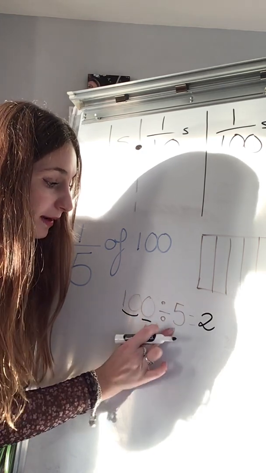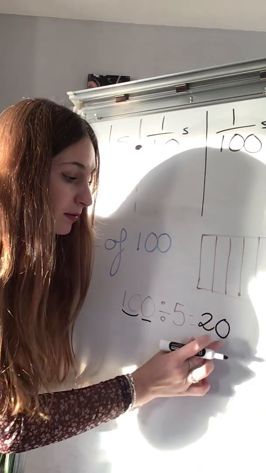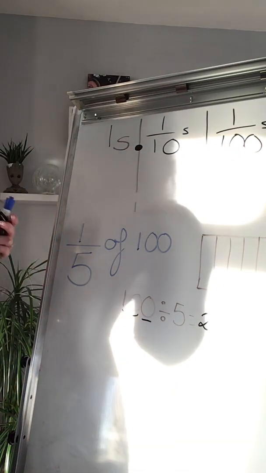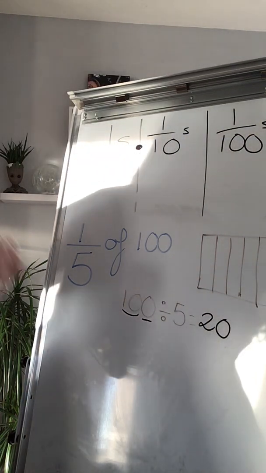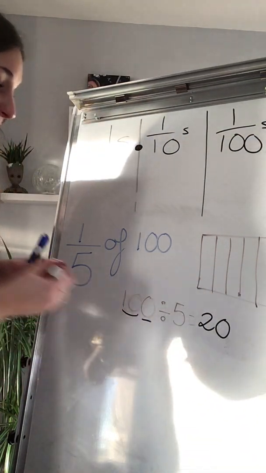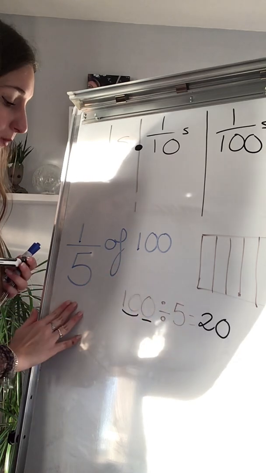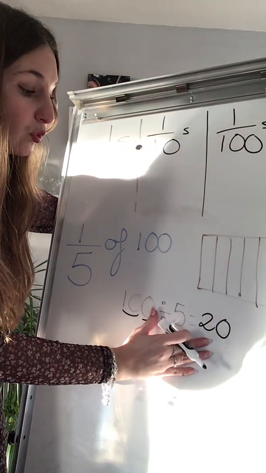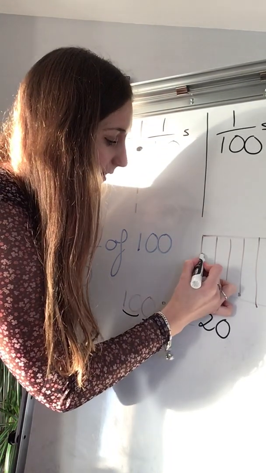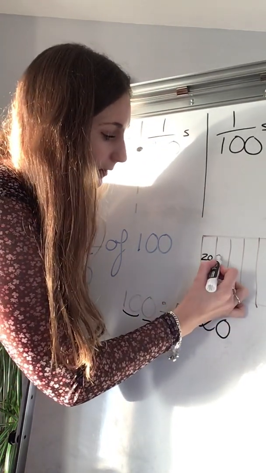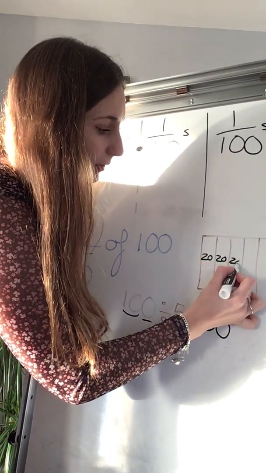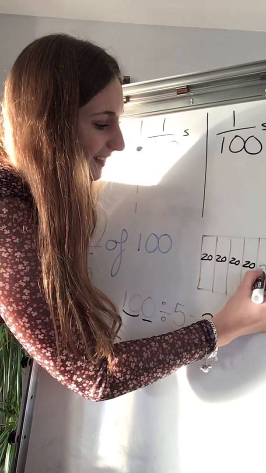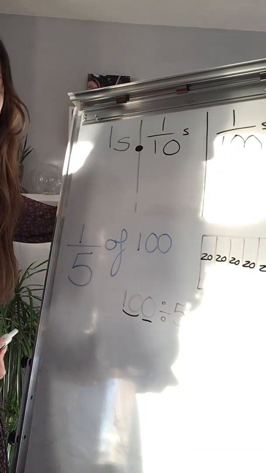Now 0 divided by 5 is 0. 0 times 5 is 0. Sorry, so we have 20. If I divide my 100 into 5, I get 20. That means that I get 20, another 20, another 20, another 20, and another 20.